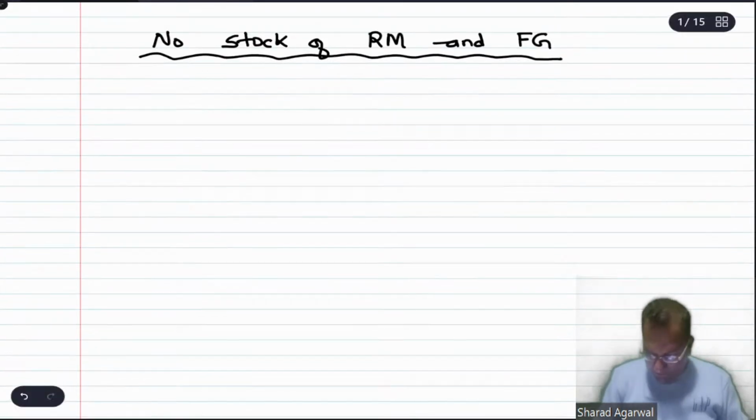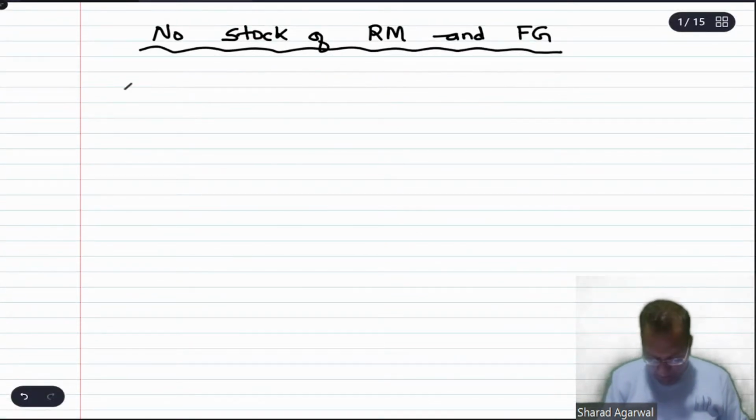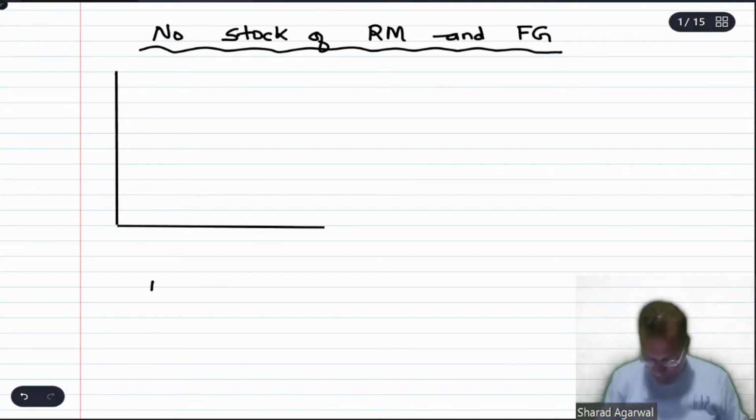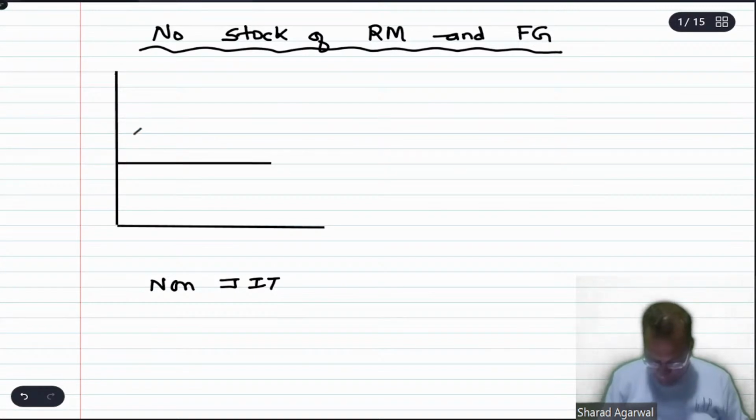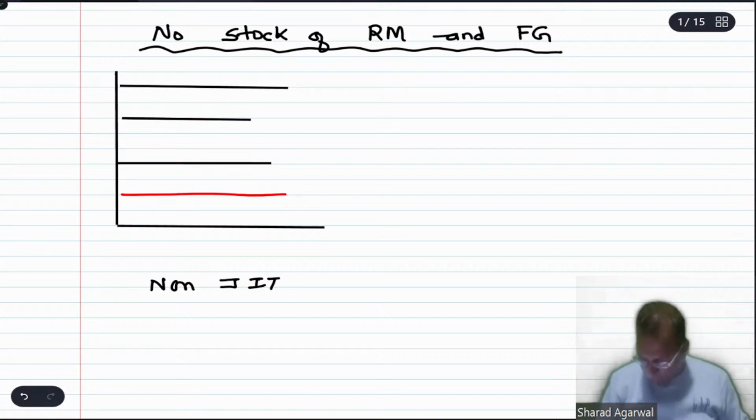तो देखिए, एक आपने कंसेप्ट पढ़ा था इंटर में अबाउट डिफरेंट टाइप ऑफ स्टॉक लेवल, है ना? This is the concept of non-JIT, जिसमें आपके पास एक एवरेज लेवल होता है, एक रीऑर्डर लेवल होता है, एक मिनिमम लेवल होता है, and there is also a danger level. ओके, सो ये है आपका डेंजर लेवल.